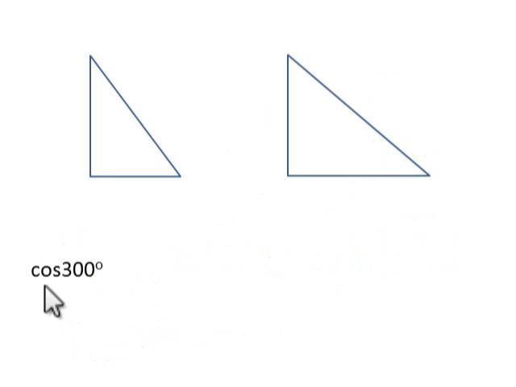Next is cosine 300. First question, anong quadrant si 300 degrees? So, that will be quadrant number 4. Paano kumuha ng reference angle pagdating sa quadrant number 4? That will be 360 minus theta, such that ang theta natin dito is 300.